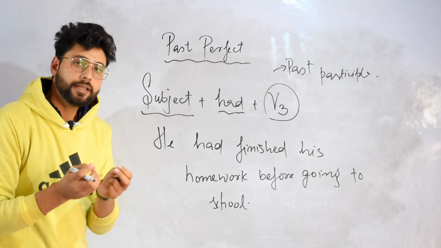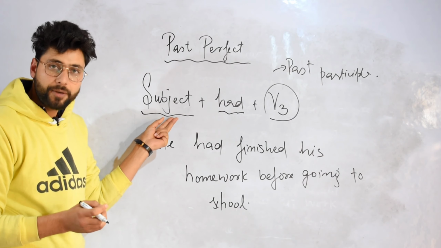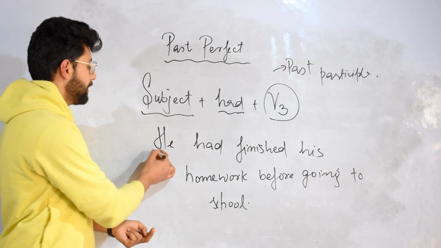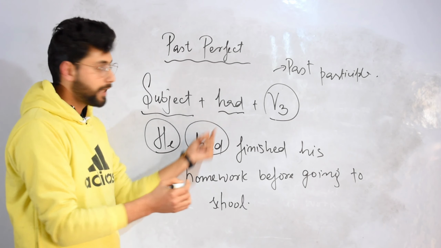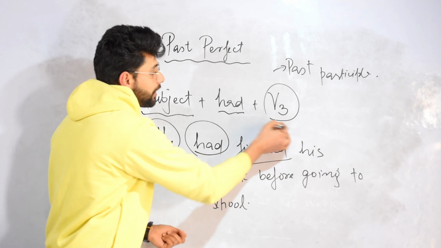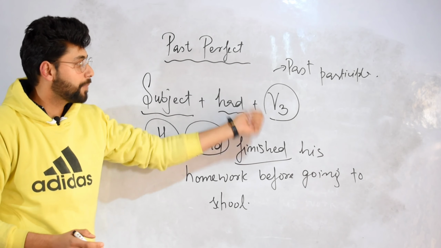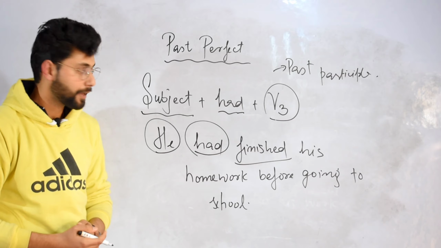Now, if we break it down into the format, then we can say he is a subject, had is from the format, and finished is the third form of verb or past participle.